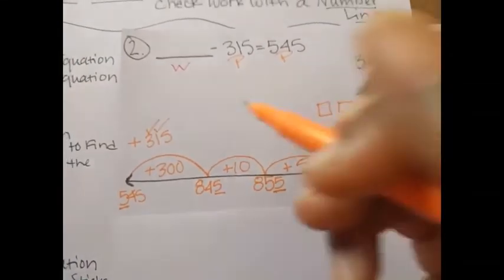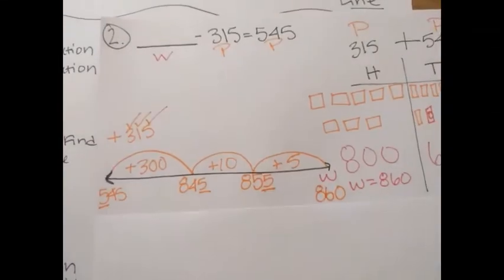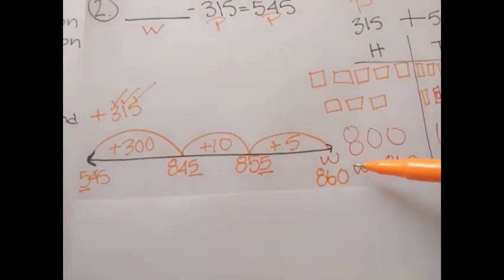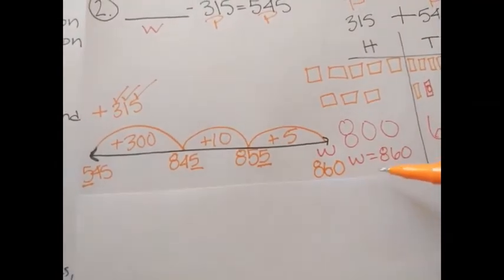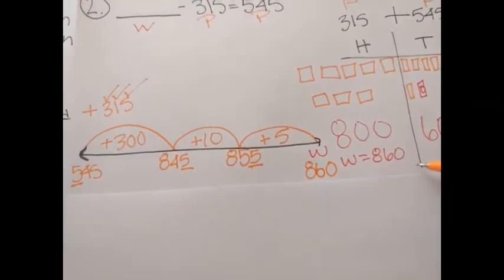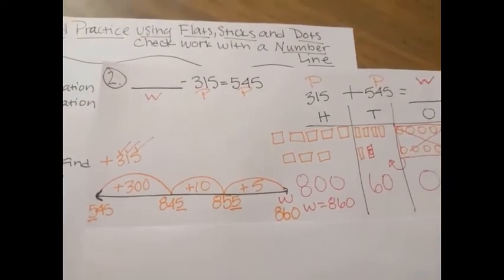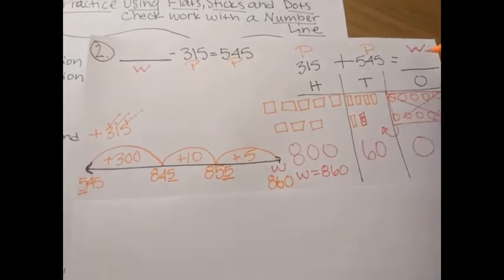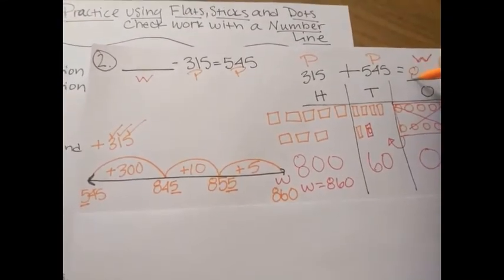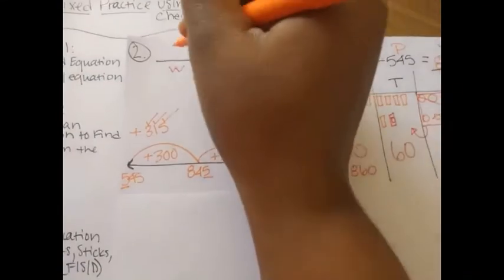So once we have added our ones place value, we should have arrived at our whole number of 860, and that does equal the same number that we found in our flat sticks and dots chart. So we are able to fill in our blanks with 860.